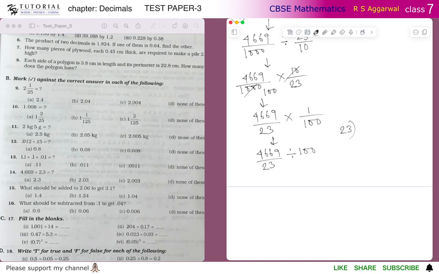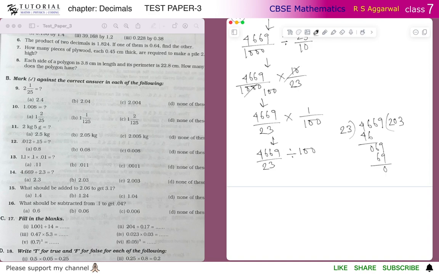23 into 4669. I think it will divide directly, okay, let's see. So it's obviously 2, 46, 0, 6, 0, 9, and this is 3, 69.